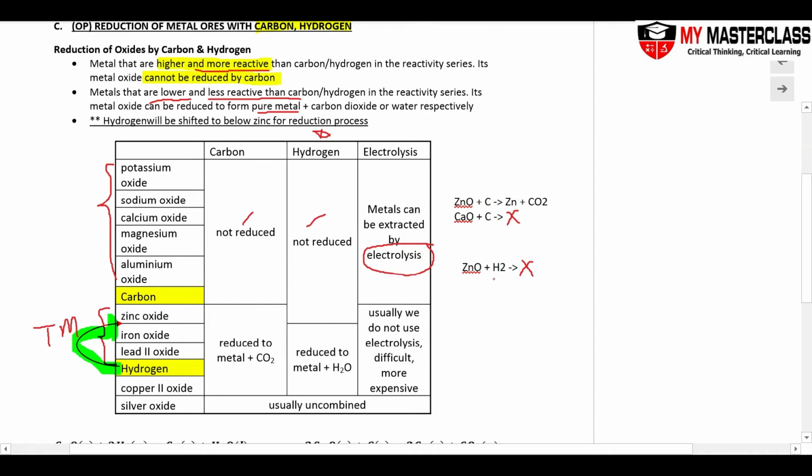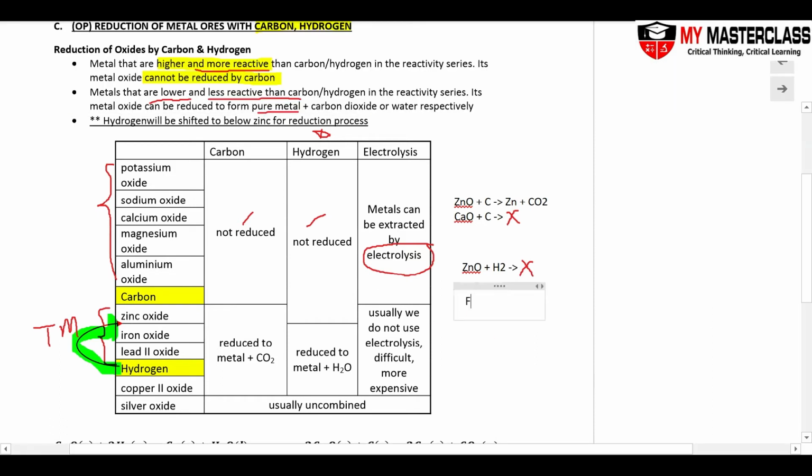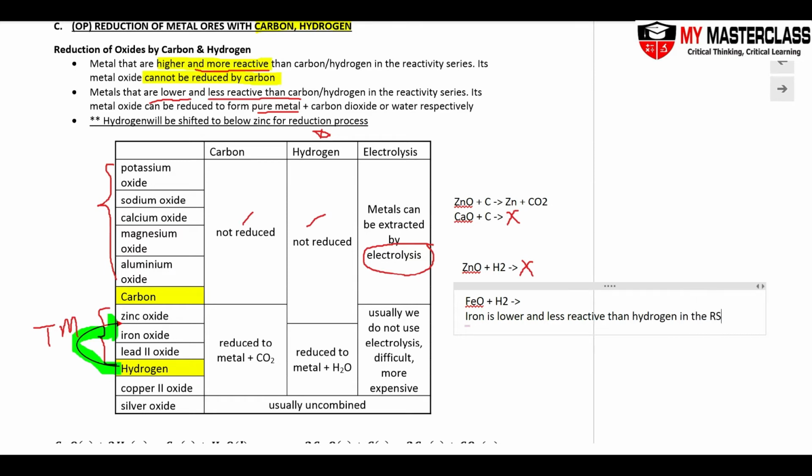But if I have, for example, iron oxide, FeO, plus hydrogen, because I have moved hydrogen up 2 steps, iron is lower and less reactive than hydrogen in the reactivity series.